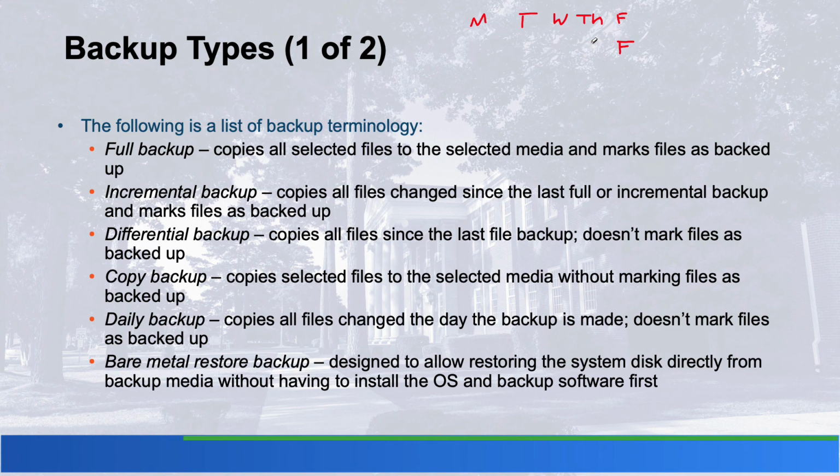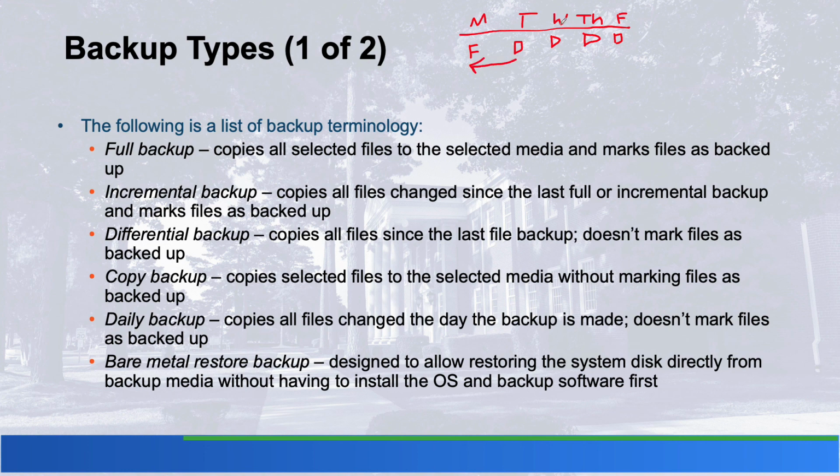The last case is differential backups. With differential backups, I do a full backup on Monday, and then I do differentials on the rest of the days. Remember, the full backup is going to have all my files. The differential is going to have all of the files that have been changed since the last full.